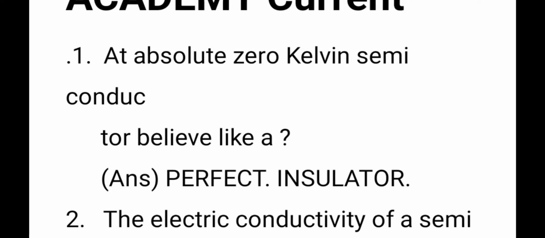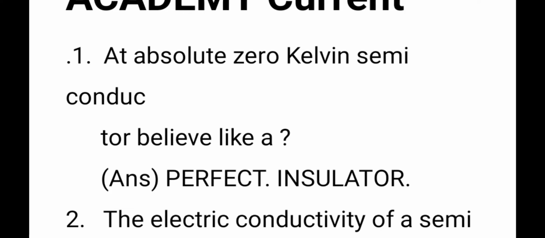Insulators are substances which oppose the passing of current through them. Examples of insulators: wood, paper, plastic, glass, mica. These are the best examples of insulators. This question has been asked several times in examinations, so please take care of this bit.